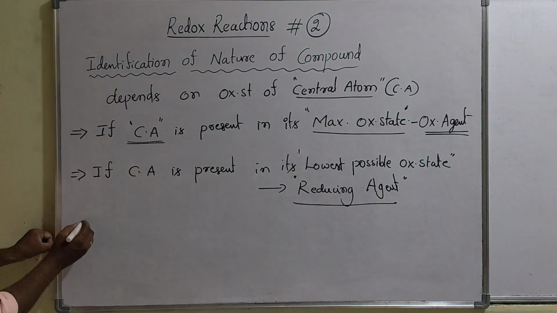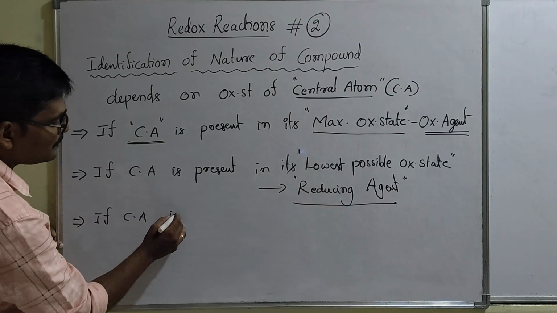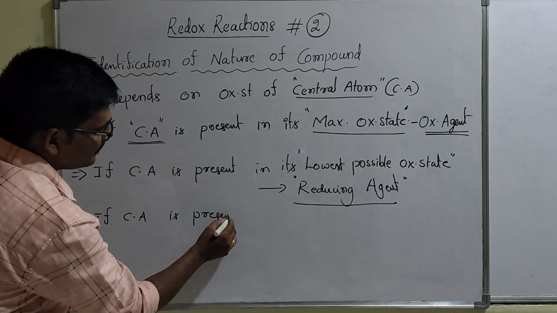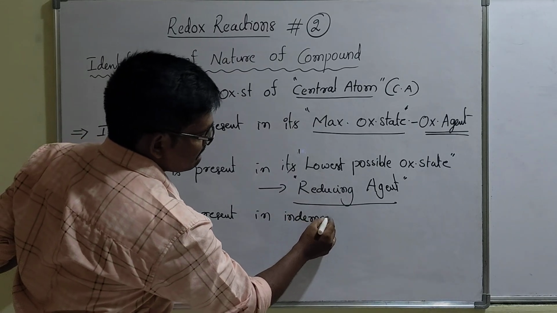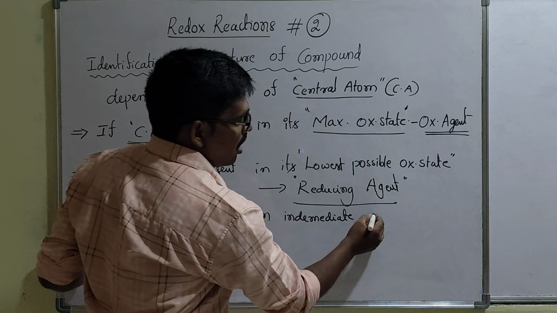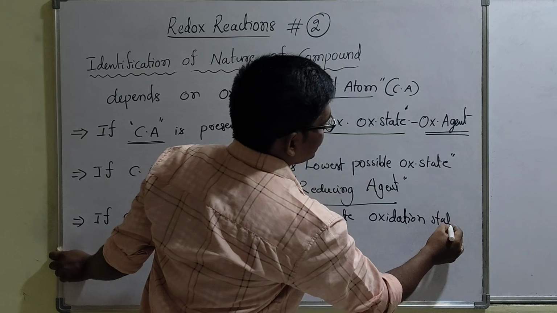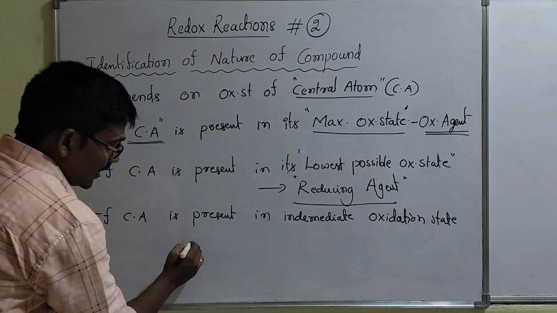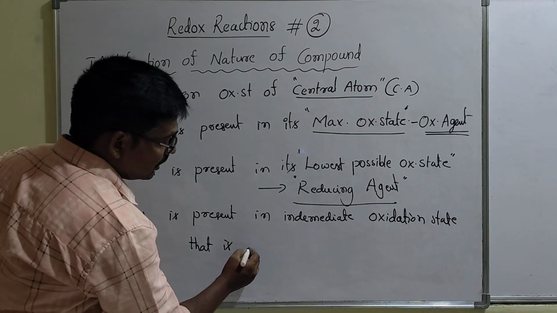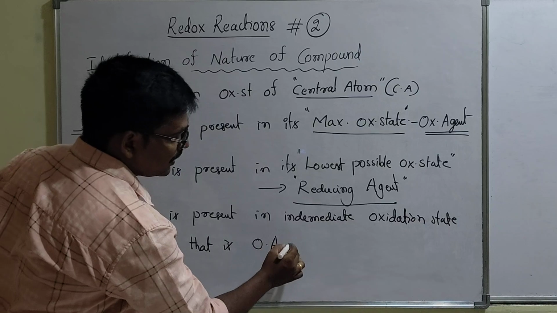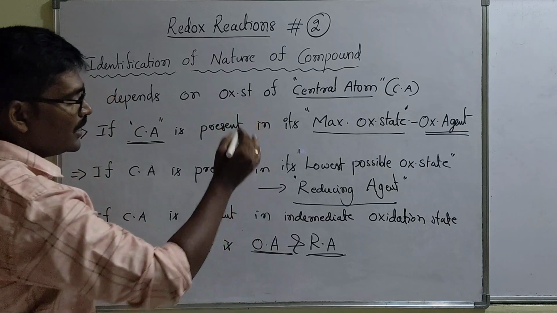Clear, my dear students? Then the third one: if the central atom is present in an intermediate oxidation state, then it is working as an oxidizing agent as well as a reducing agent.